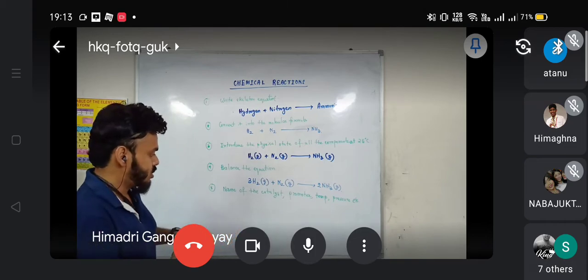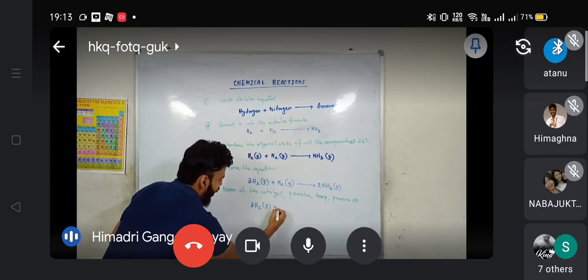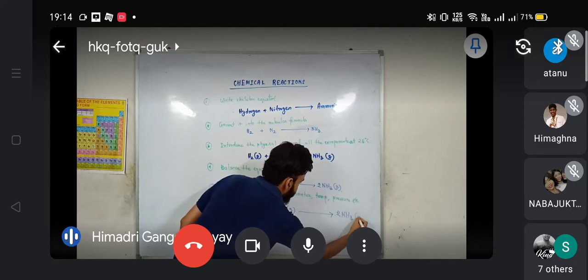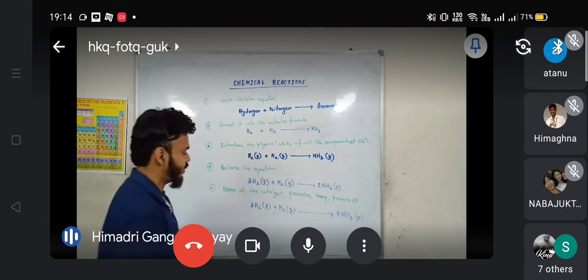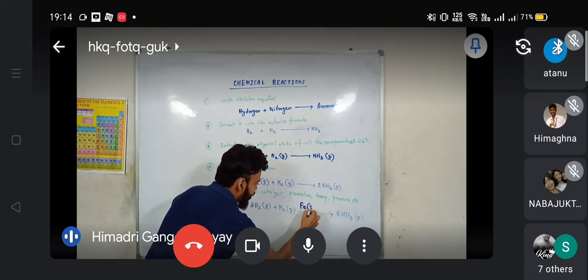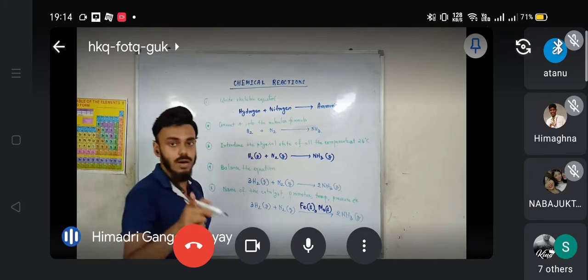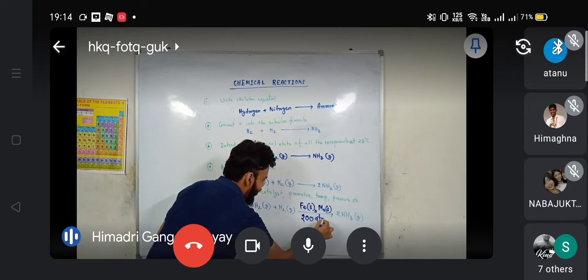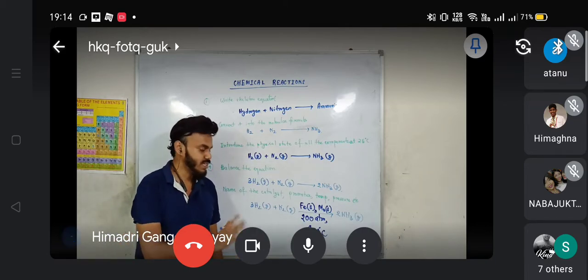Now we have to remember that in this reaction, 3H2 plus N2 gives us 2 moles of ammonia gas, and this reaction is called Haber's process for the preparation of ammonia. Iron powder is used as a catalyst, molybdenum is used as the promoter, pressure is near about 200 atmospheres, and temperature is near about 450 degrees Celsius, or you can convert it into Kelvin, 673 Kelvin, whatever.